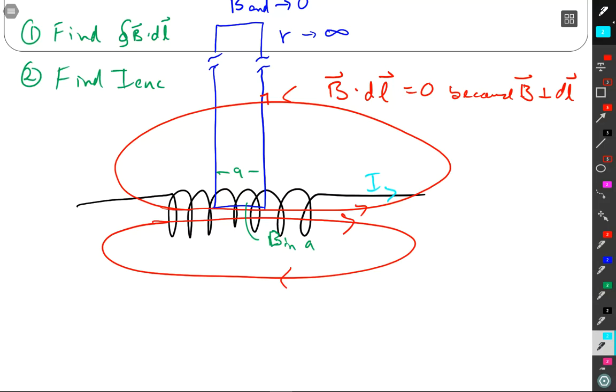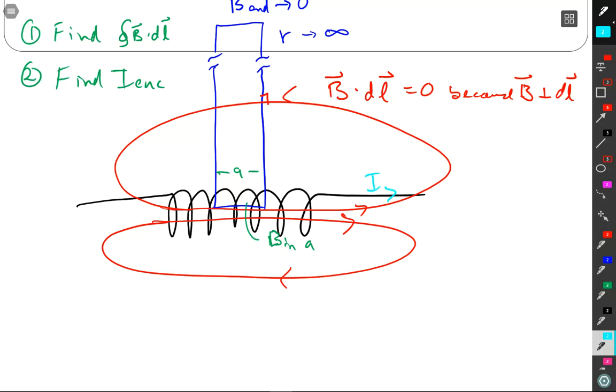How much I goes through. Well, it's not just I, though, because I is the current going through each loop, and there's more than one loop, potentially, inside of my... Times the number of loops. Okay, so it's going to be I times the number of loops that are enclosed by my box, by my calculation loop. And so now I need to find a way to find how many loops are enclosed.